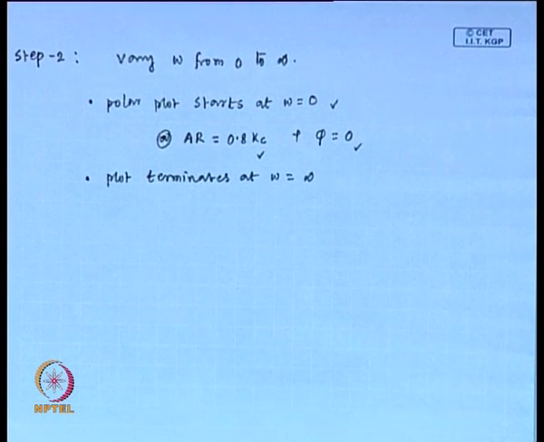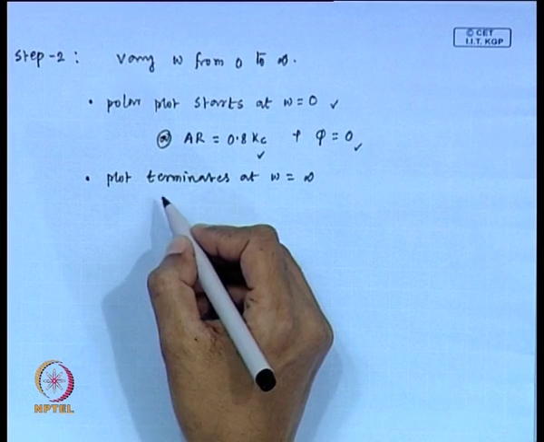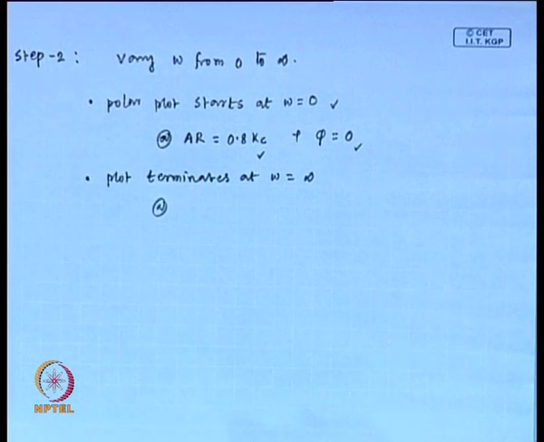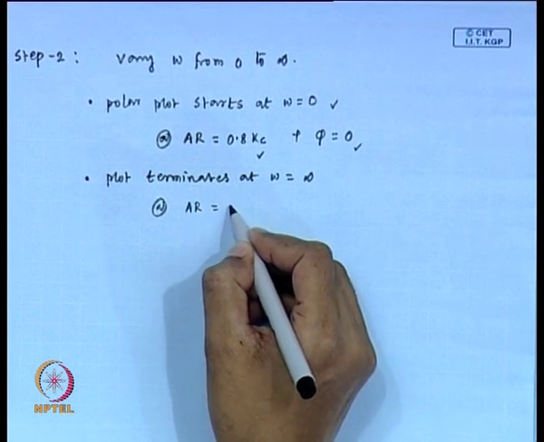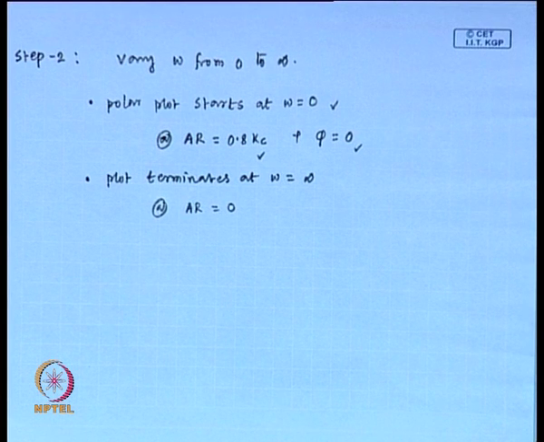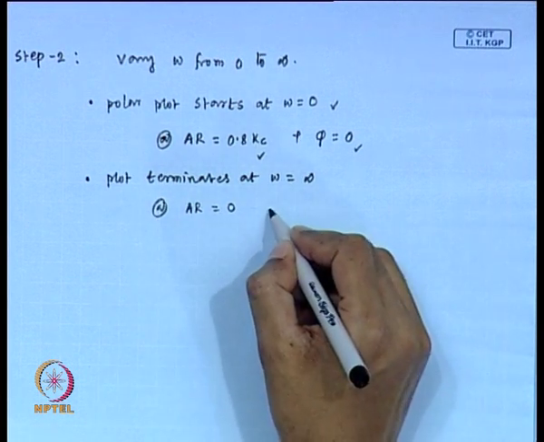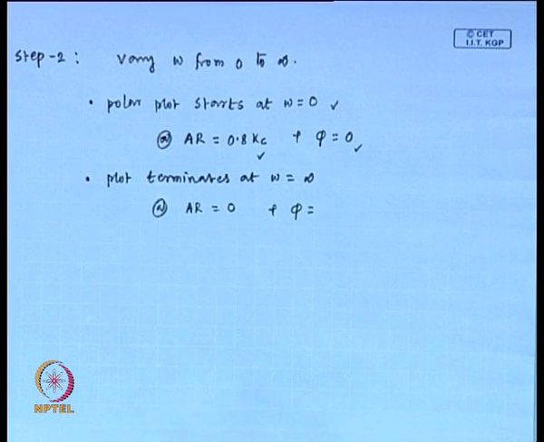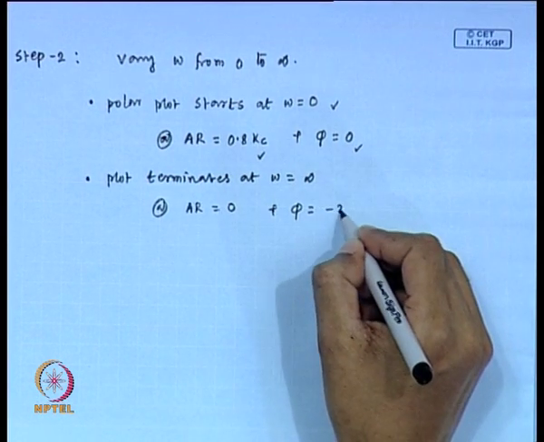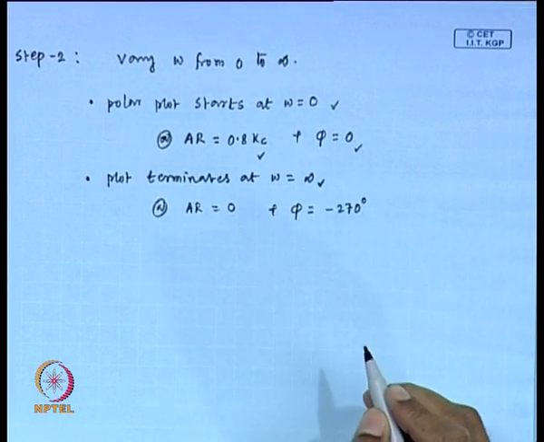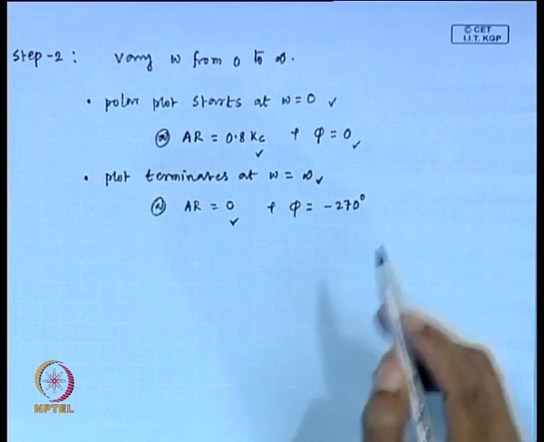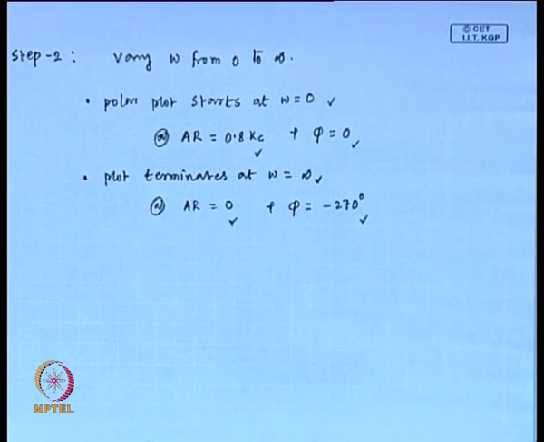When omega approaches infinity, we obtain the corresponding amplitude ratio as 0 and phi as minus 270 degree.